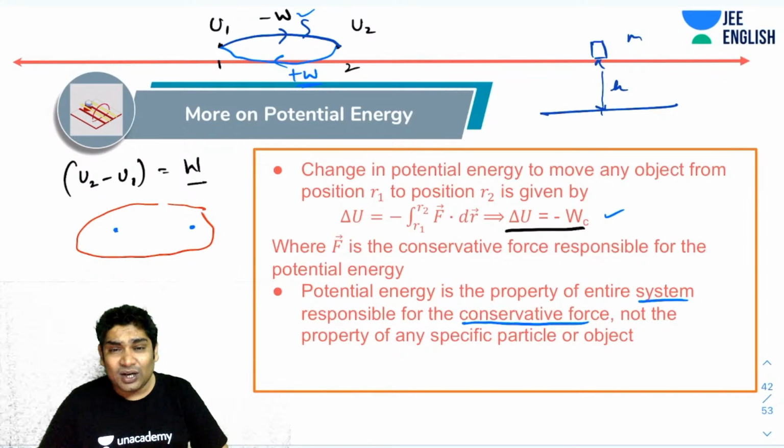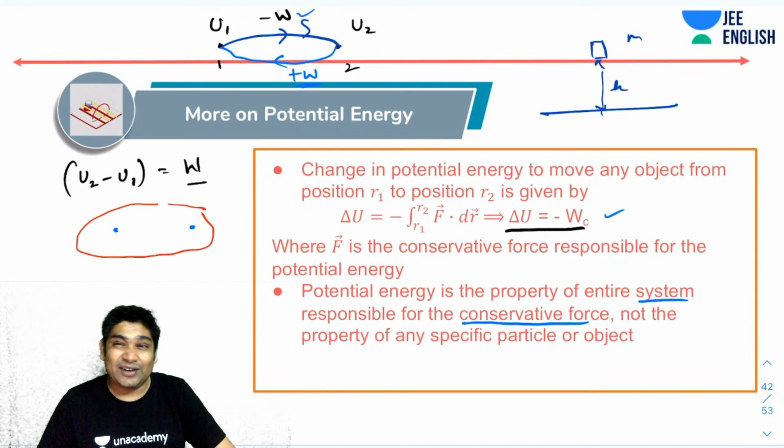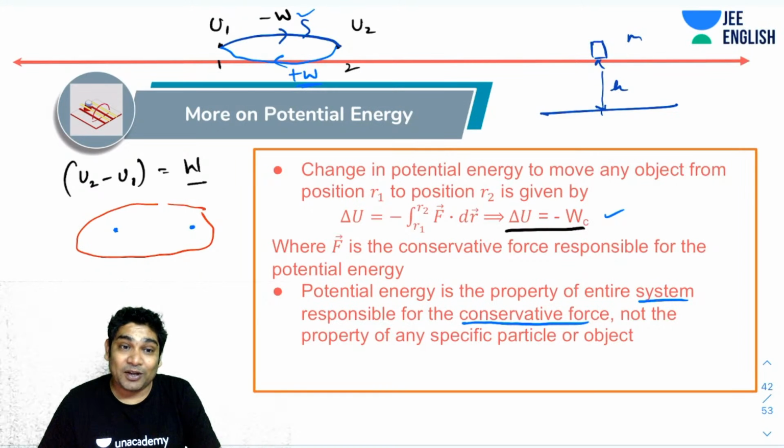We generally ignore the movement of Earth because Earth's mass is so huge that this potential energy provides kinetic energy to only the block, practically. That is why we usually say it is the potential energy of the block, but that is not entirely true. Technically, the potential energy is a property of the block and the Earth system. If the block was massive enough, it could have moved the Earth.